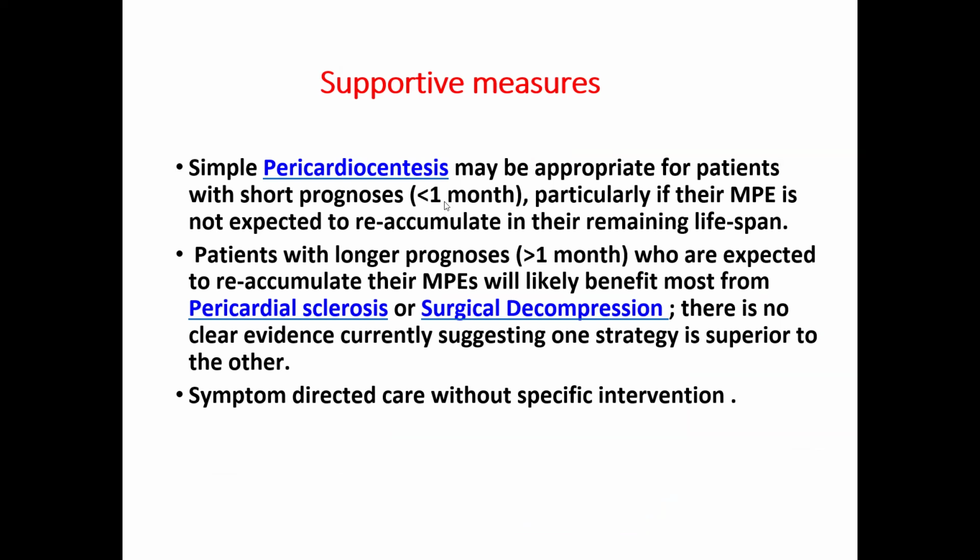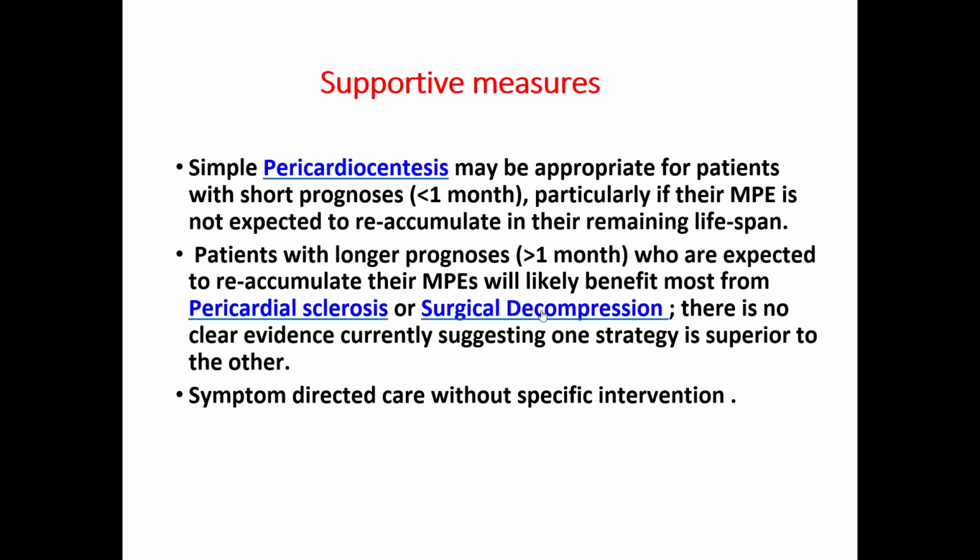Now, how to treat is basically either doing pericardiocentesis, or surgical decompression, or even pericardial sclerosis. Okay, the easiest one is pericardiocentesis, and it's done if the patient has a short prognosis of less than 1 month.